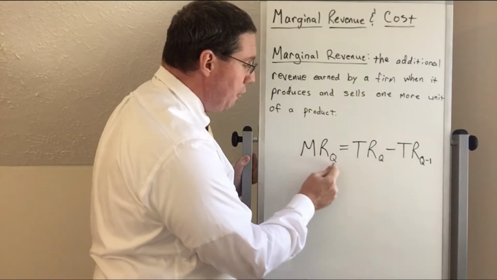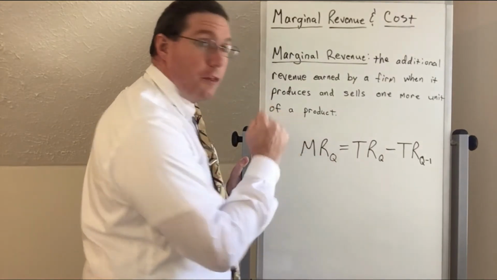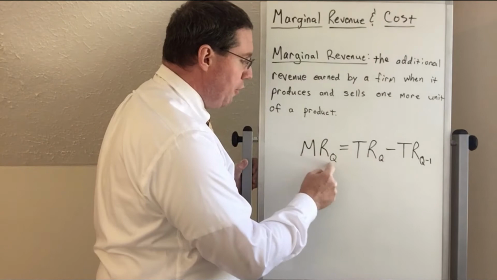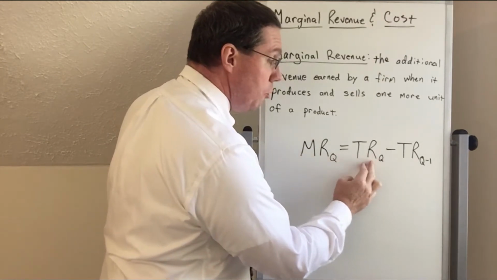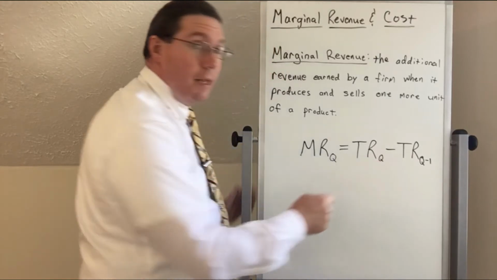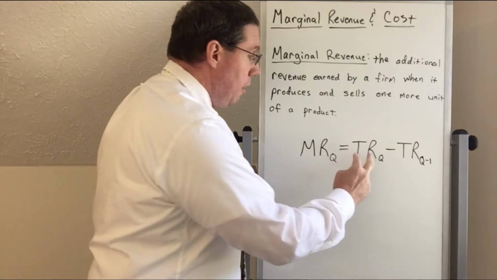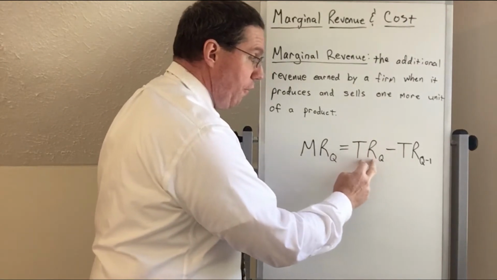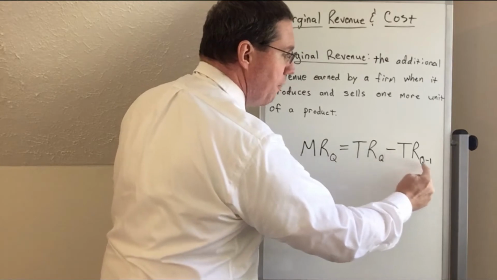So the marginal revenue for a particular quantity, let's say the marginal revenue for the 30th unit, is going to be equal to the total revenue from the 30th unit, meaning all of the revenue earned for units 1 through 30, minus the total revenue of Q minus 1.